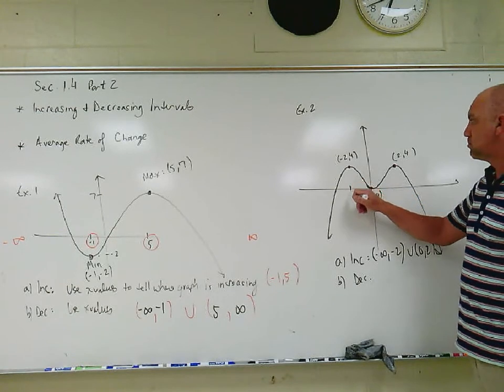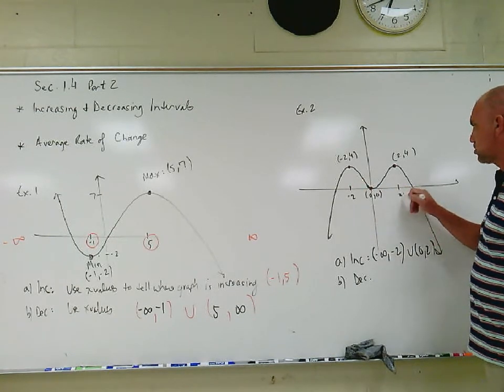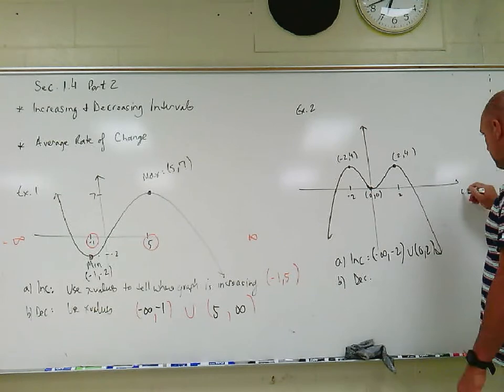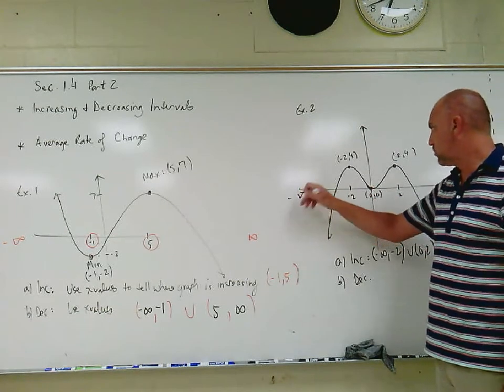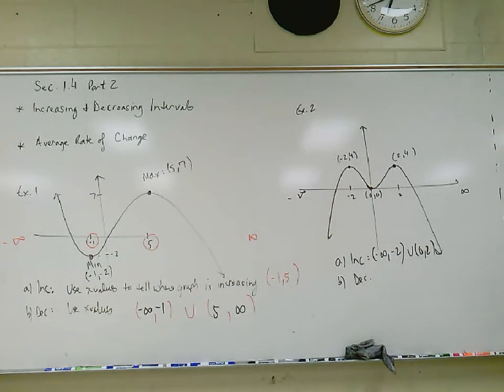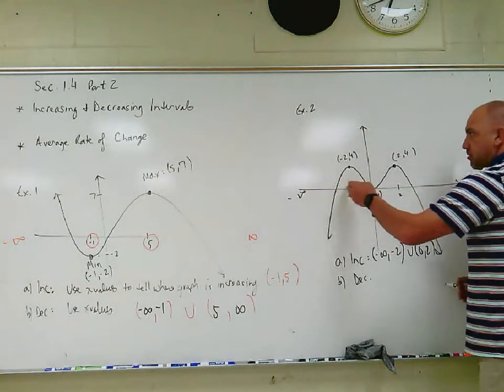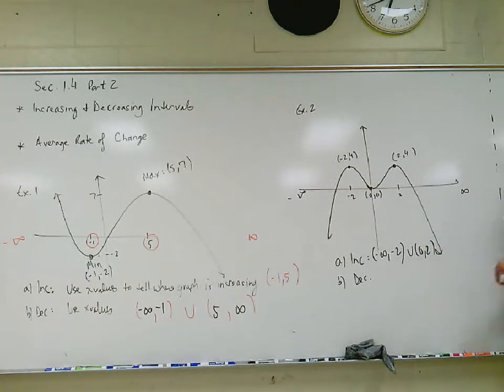So she's using the x's, which is correct, and the x here is 0. And that's infinity, and that's -infinity. So you technically have 4 intervals that you gotta deal with. So that's exactly right. -infinity to -2, and then 0 to 2. All right? Everybody okay with that? Questions?